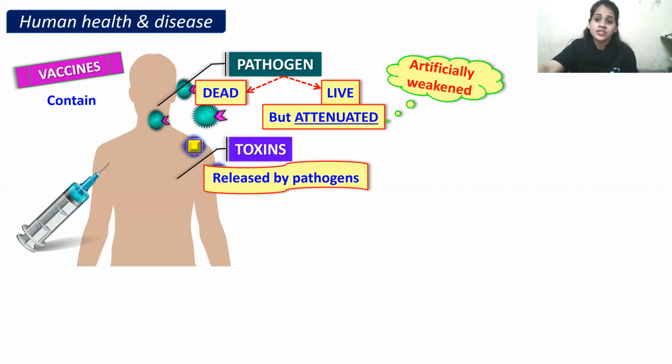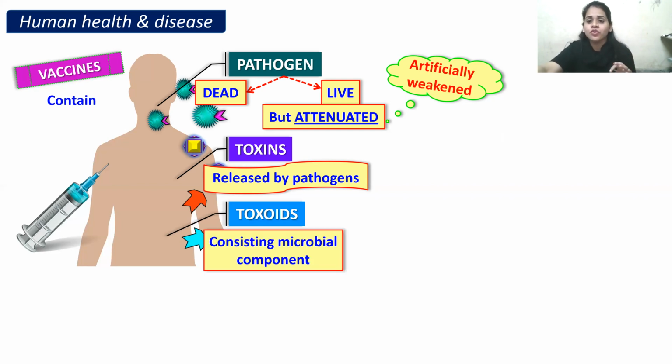Toxins means the toxins released by pathogens, or it may contain toxoids. What are toxoids? These are consisting of microbial components. So they are the component of the microorganism. Okay, so vaccines contain pathogen which may be dead or live.